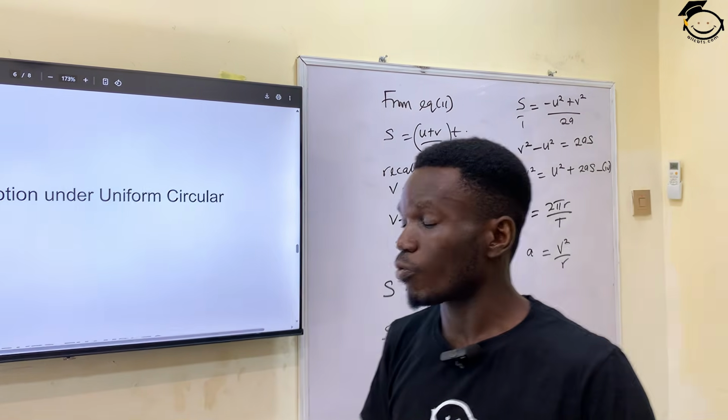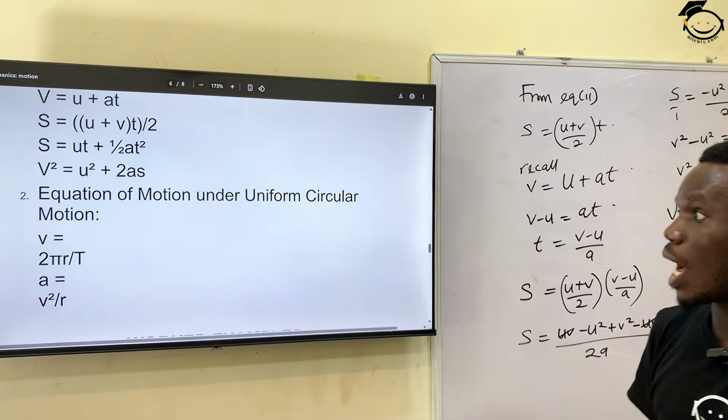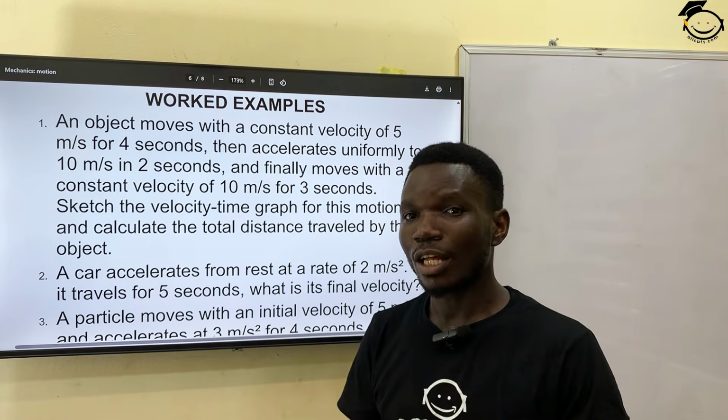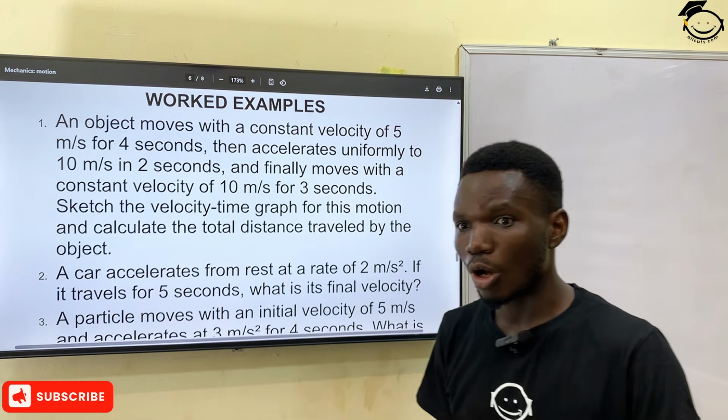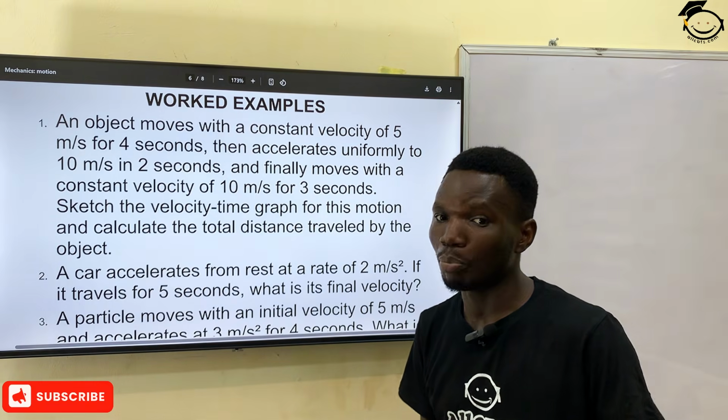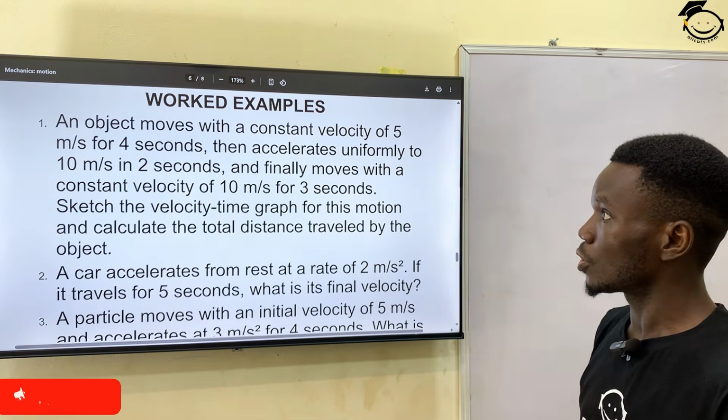That is how you solve questions based on circular motion. So that takes us to worked examples. We're going to look at some examples on what we have been doing and how this is applied in our calculation. So come with me.